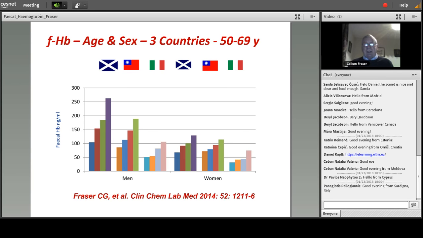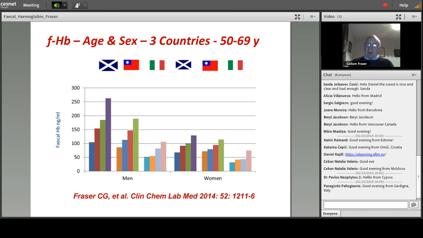And these are men aged 50 to 54, 55 to 59, 60 to 64, and 65 to 69. So in these 4 groups, you can see that the fecal hemoglobin concentration at any level goes up. And it's different in different countries.